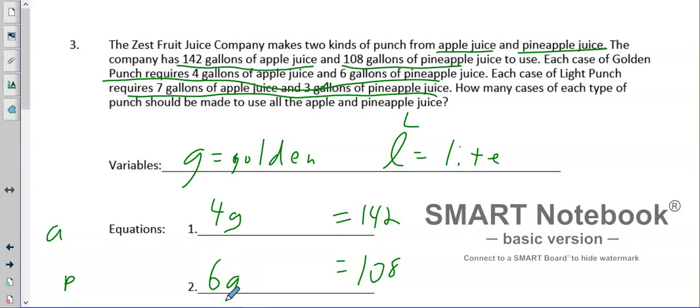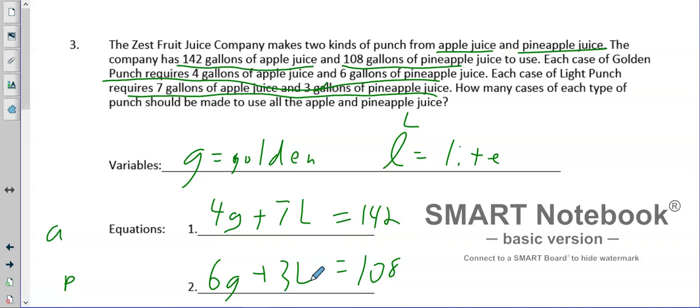And then for the light, it's 7, not Y, L, silly me, old habits, plus 3. Okay, so the apple is made up 4 golden and 7 light. Okay, and then the pineapple is used 6 for golden and 3 for light.